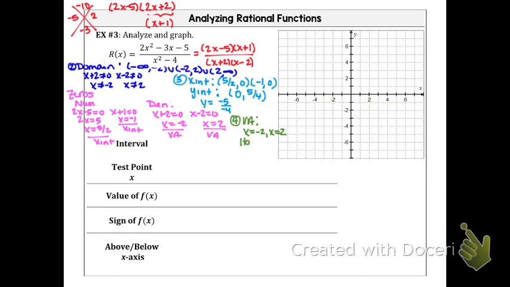And then holes were the zeros they had in common, which they didn't have any, so it was none. Step 5 was your horizontal asymptote and oblique asymptote. So where's your highest power of x? Top, bottom, or both? It is both, so it's a ratio of their coefficients. So 2/1, which is 2. So we know it's going to be at y equals 2.